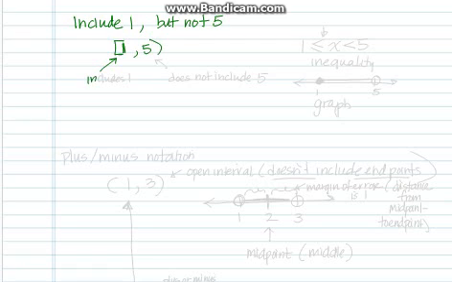The parenthesis means it does not include that endpoint, which is 5. In terms of an inequality, we're talking about all the values x that are smaller than 5 but don't equal it, and greater than or equal to 1.